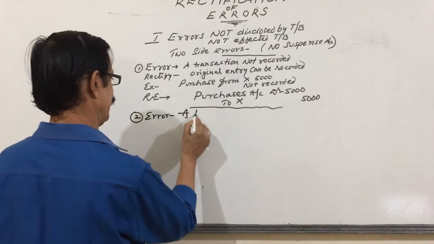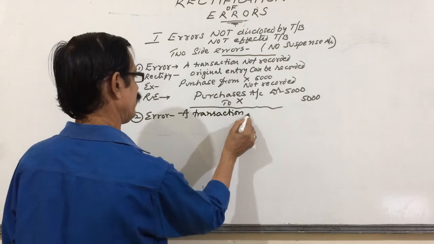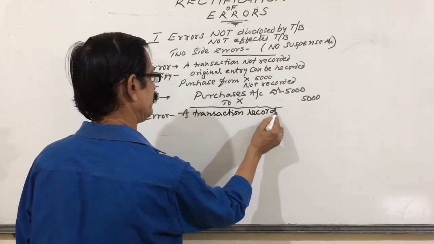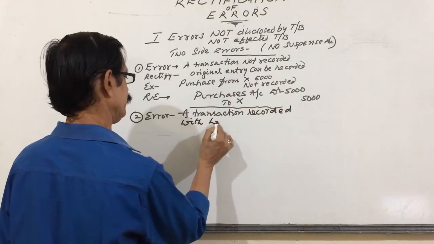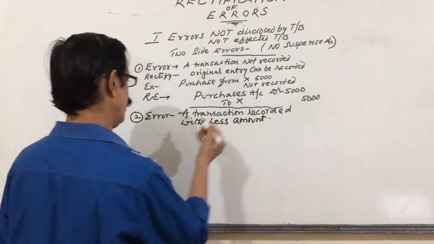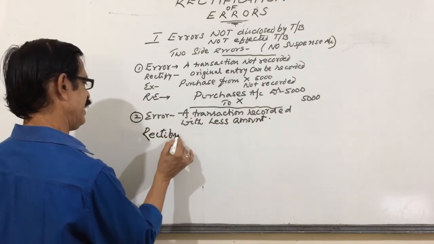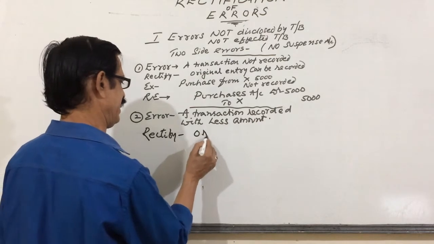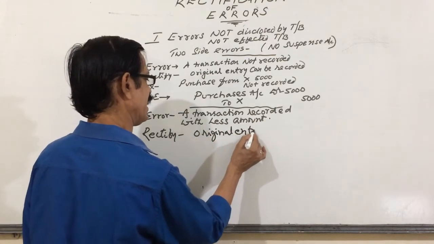A transaction recorded with less amount. Now, how to rectify? Here also you can pass the original entry. You can record the original entry for the difference amount.